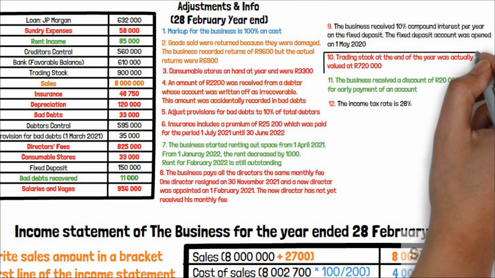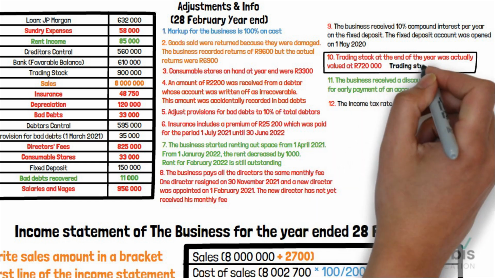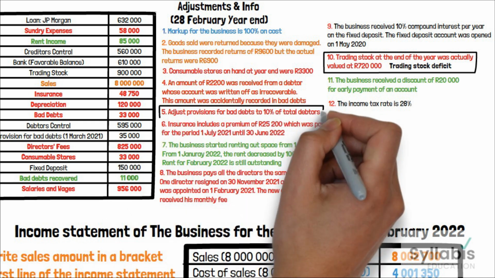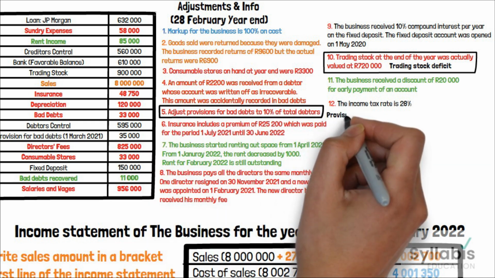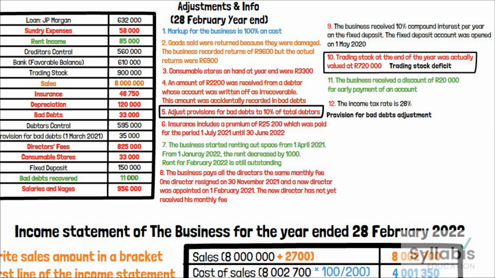These are all the adjustments relating to expenses. The new expenses created will be trading stock deficit and the provision for bad debts adjustment. The provision for bad debts adjustment will be an expense because in this example the provision is increasing and the new provision will be higher than the old provision.